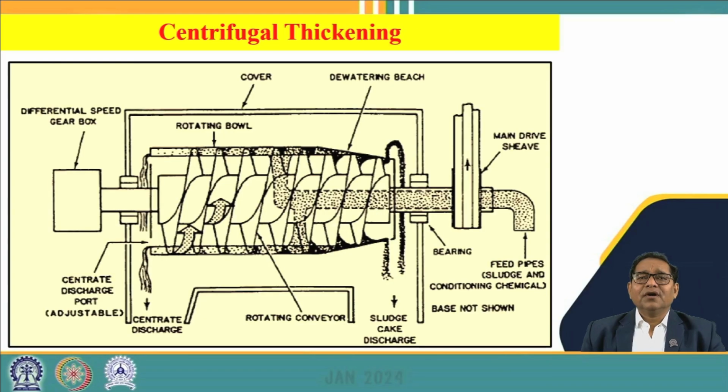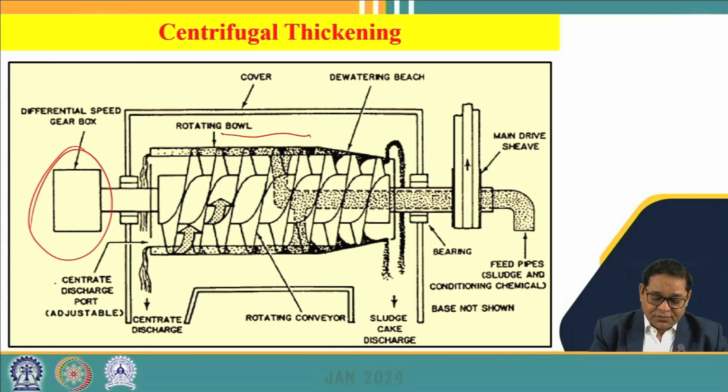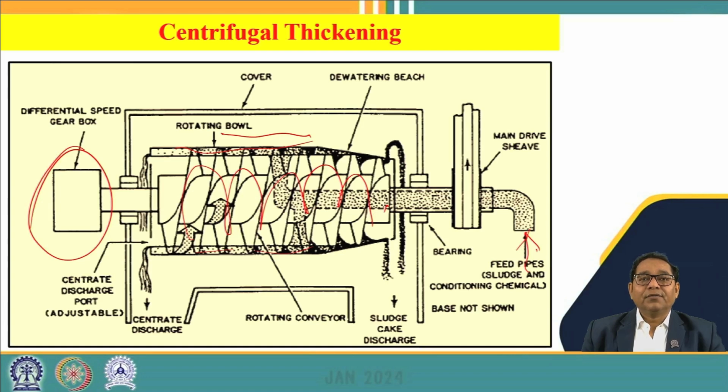How this process takes place: it is a kind of rotating bowl. This is the driving unit through which the entire cylinder is rotated at a speed of 1000 to 4000 RPM. This generates suction here, and the sludge enters into this, and finally centrifugal force acts upon it, which separates out water.